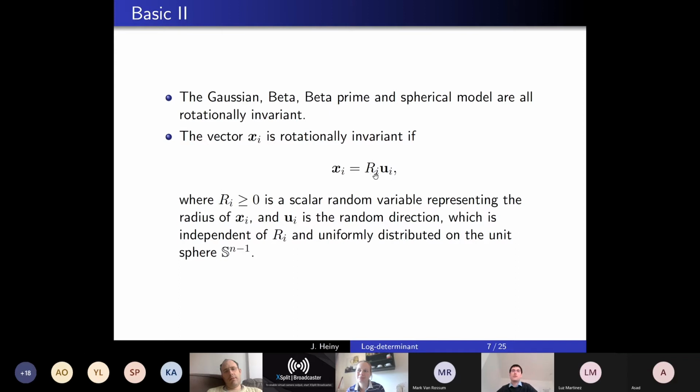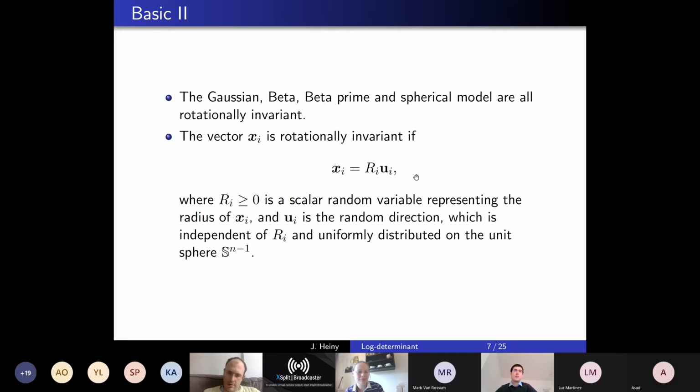So some radius ri, which is independent from the direction ui, and ui is uniformly distributed on the unit sphere, so the n-dimensional unit sphere. And so this means that these four models just have a different radius. And for the spherical model, for instance, the radius would just be 1.